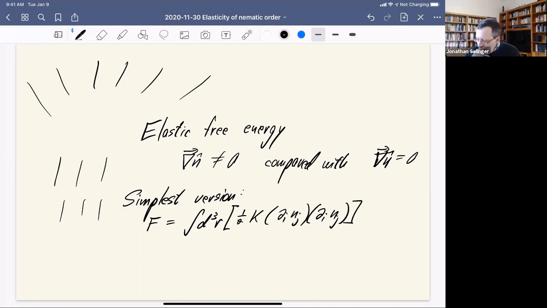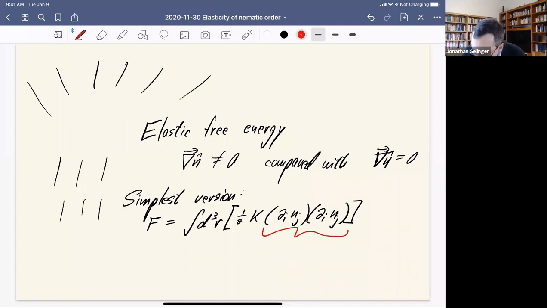So you recognize this kind of tensor notation, right? This expression is a sum over all values of the index i and all values of the index j.